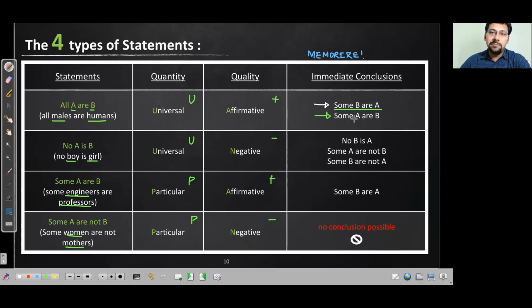So these are the two immediate conclusions that do not require any other statement or any mediating term to deduce a particular conclusion. Therefore, the two major conclusions that can be drawn from the given statement are some B are A and some A are B. What, however, cannot be drawn is all B are A.